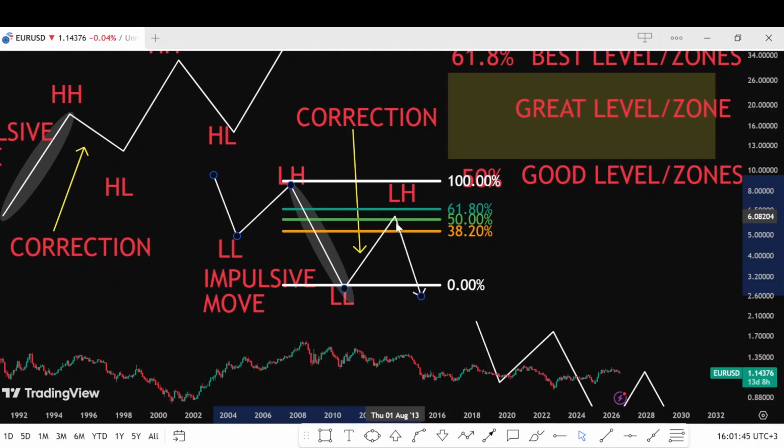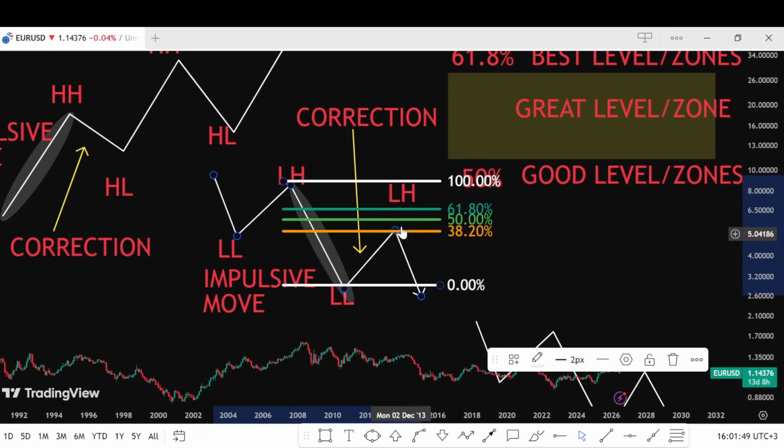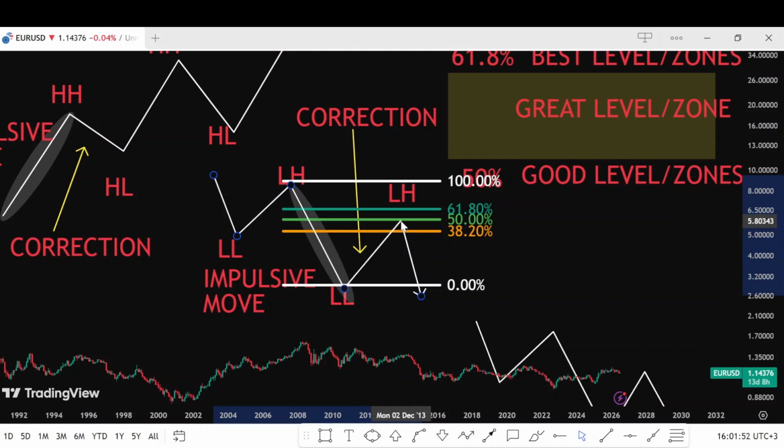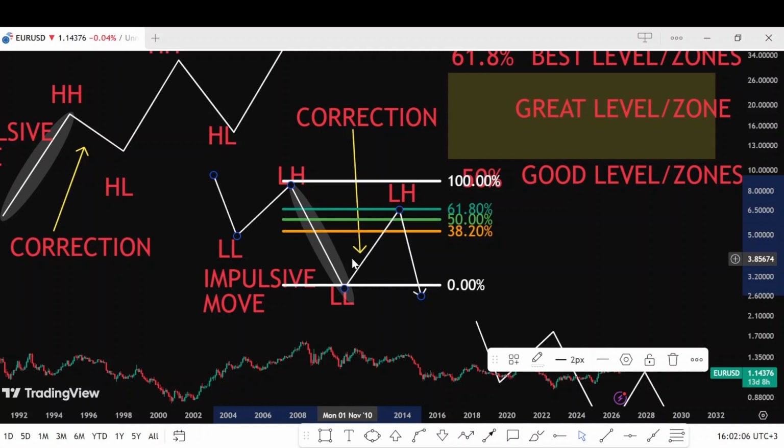Price comes and reaches where 38.2 is. It reverses, that means it is a shallow pullback. If price comes into the 50%, that means it has pulled back 50% of the previous impulsive move. And then if price comes into the 61.8%, it means price has pulled back 61.8% of this previous impulsive move.